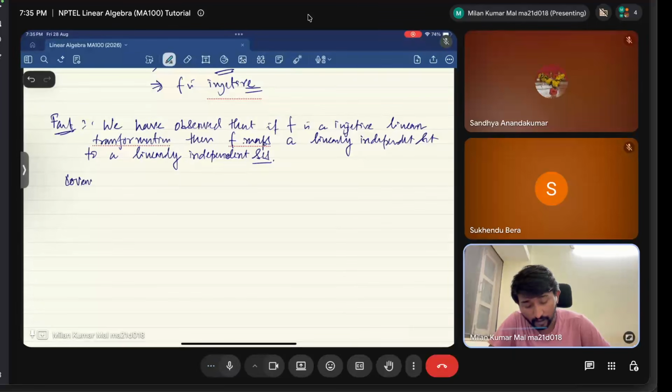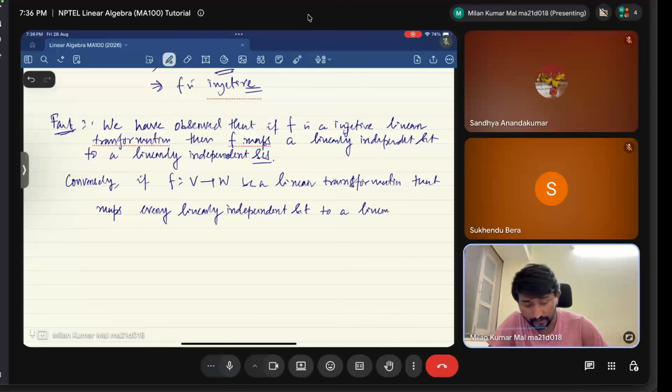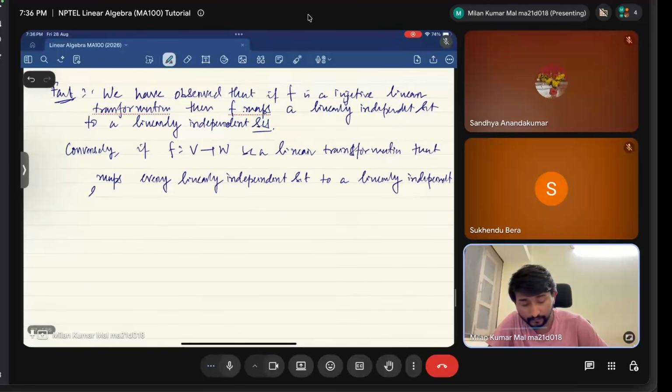Conversely, if f is a linear transformation from V to W that maps every linearly independent set to a linearly independent set, then f is injective.